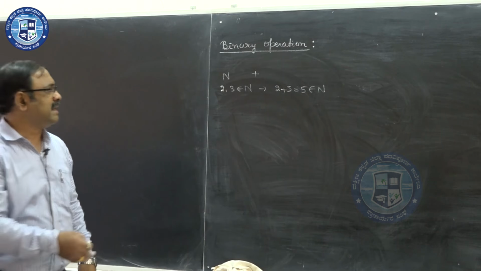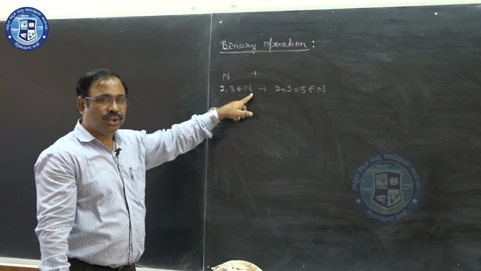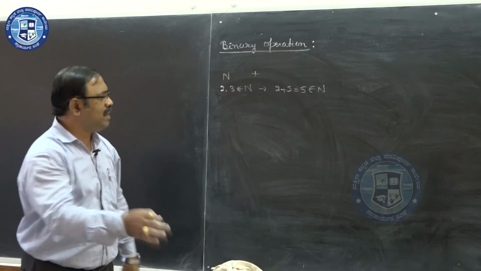Now, how do we write it in terms of a general method? While considering this binary operation, I said this general binary operation means we are associating for each pair of elements from N to a unique element in the same set N. Now, what do you mean by that?